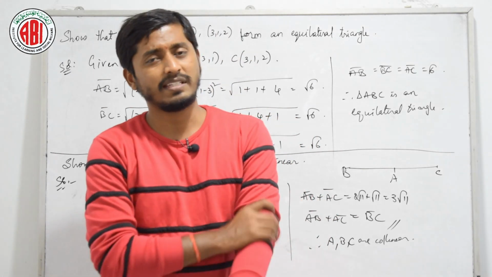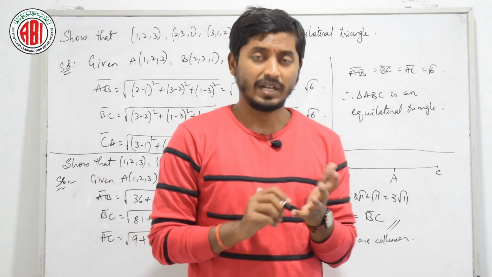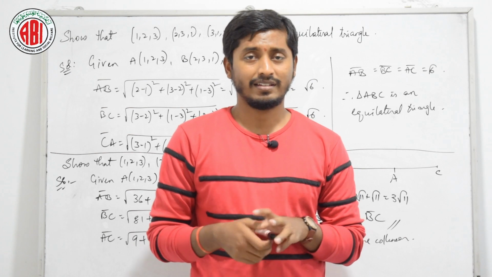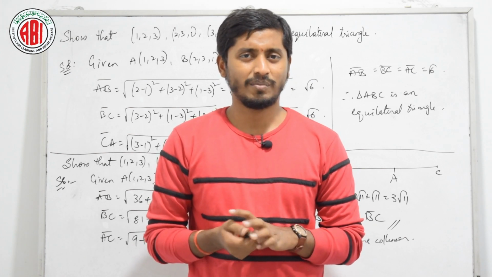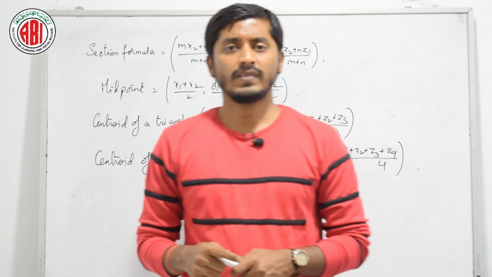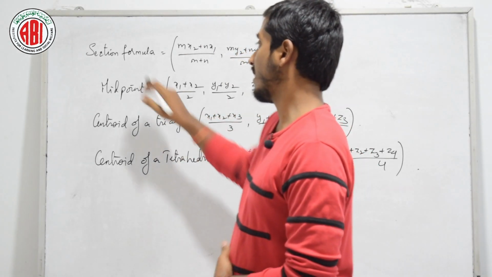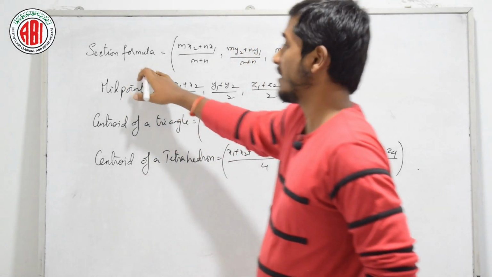And what are the different basic formulas we used to have? We have midpoint, centroid, isn't it? Shall we see those formulae? See here, the basic formulas. The first thing is the section formula. What is the section formula?